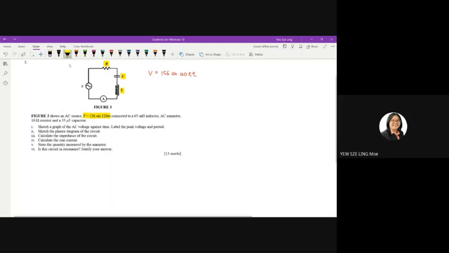According to the question, this V belongs to the source, so it is actually your Vs. Compare with the general equation, Vs equals V naught S sine omega t. By comparison, V naught for the source equals 156 volt, and omega equals 120 pi radian per second.